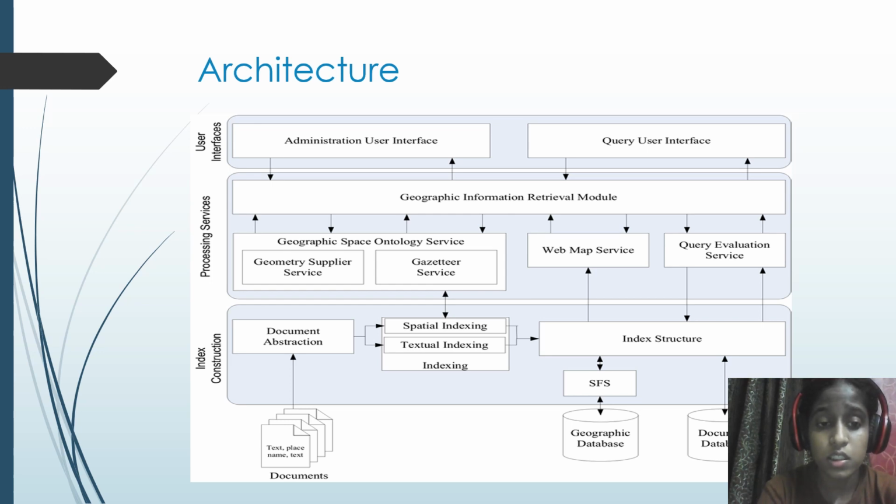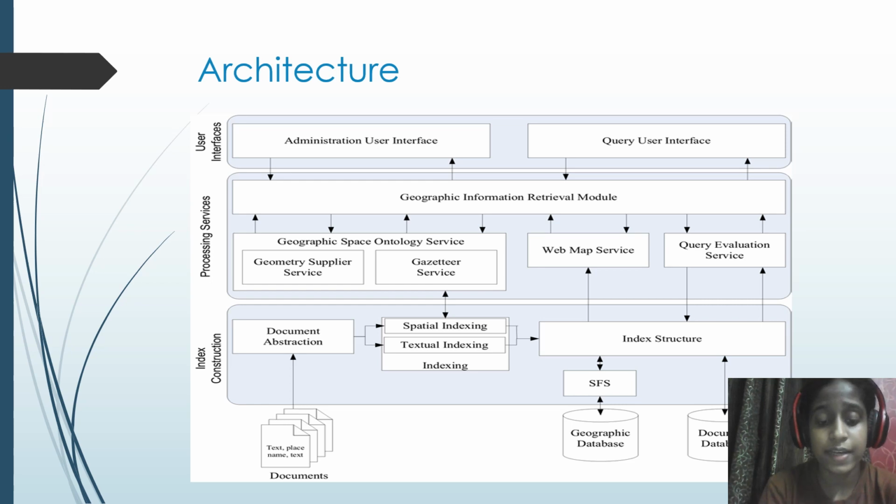The processing services here up in the middle of the figure: the geographic space ontology service used in the spatial index construction is on the left side, and the service used extensively in the index construction module.